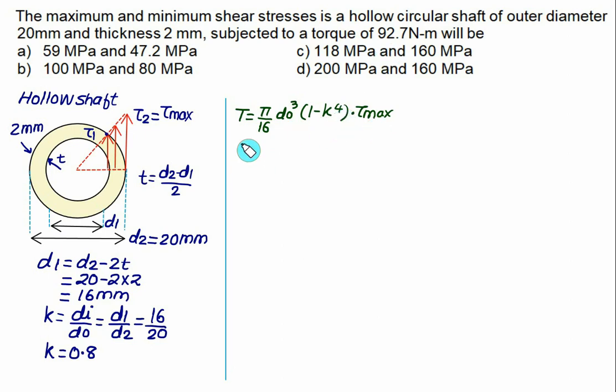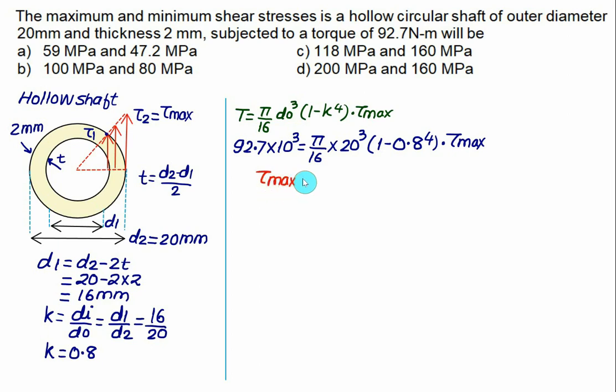The torque is given as 92.7, so you have to use this torque in Newton mm. So we have 92.7 into 10 to the power 3 equal to pi by 16, outer diameter 20 cubed, into 1 minus 0.8 to the power 4, multiplied by tau max. So the maximum shear stress, which will occur on the outer radius R2, will be exactly 100 megapascal.